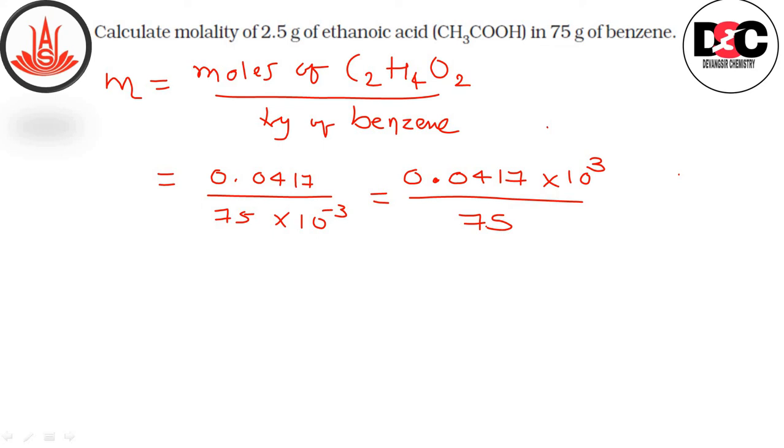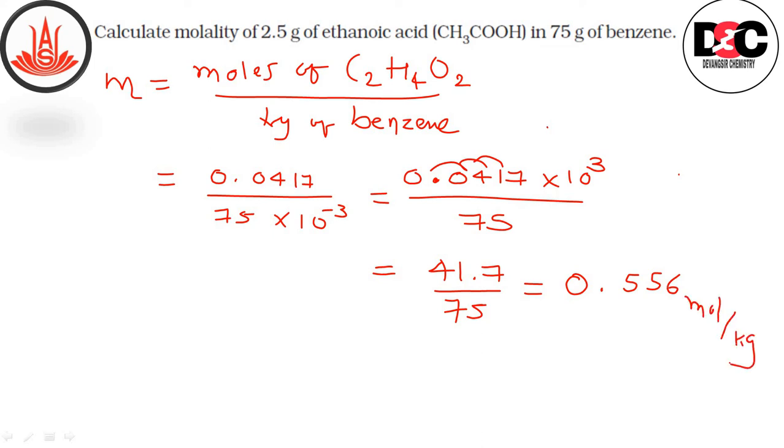So this gives 41.7 upon 75. If you do this calculation, 41.7 divided by 75, you will be getting the answer 0.556 mole per kg.